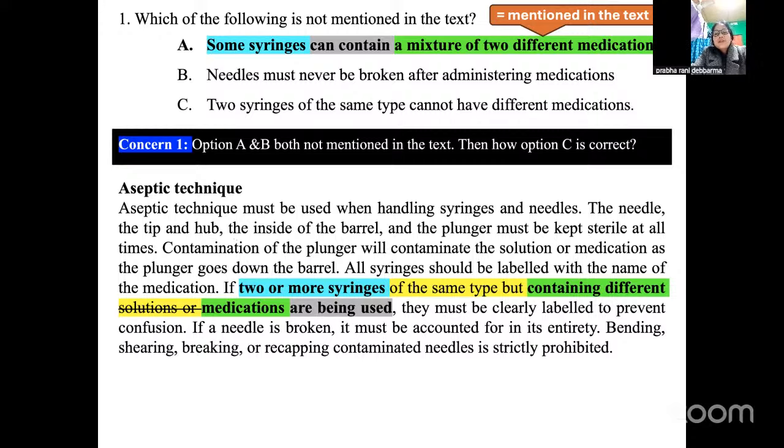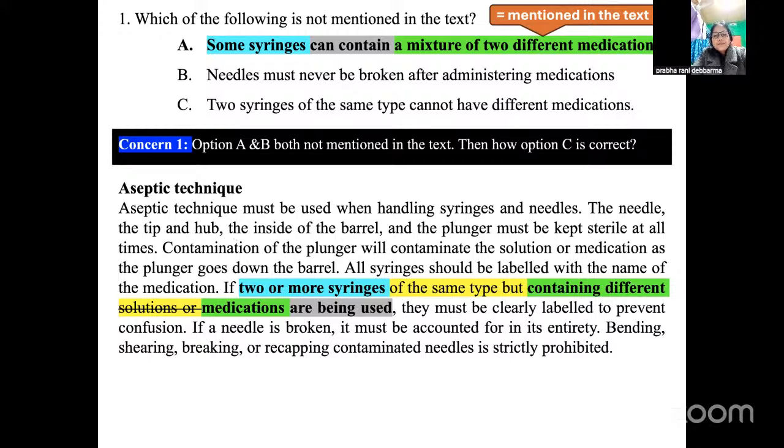All syringes should be labeled with the name of the medication. If two or more syringes of the same type but containing different solutions or medications are being used, they must be clearly labeled to prevent confusion. If a needle is broken, it must be accounted for in its entirety.